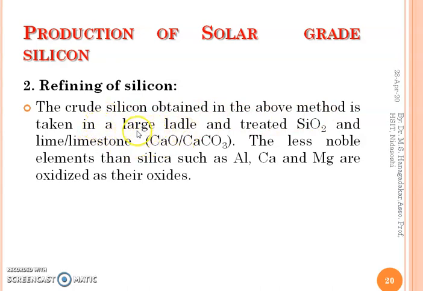Therefore, we use a large ladle, and the silicon is treated with silica or limestone, that is, calcium oxide or calcium carbonate, lime and limestone. In this way the impurities present in the silicon, such as aluminum, calcium and magnesium, get further oxidized.